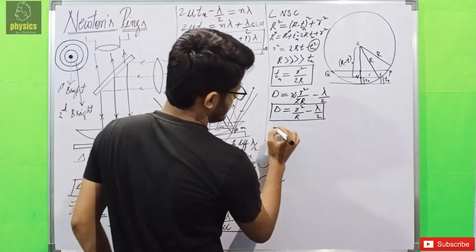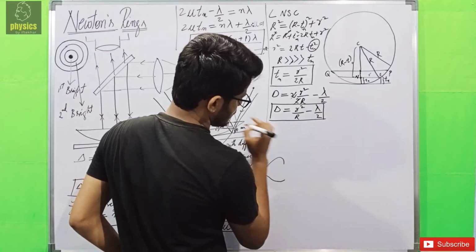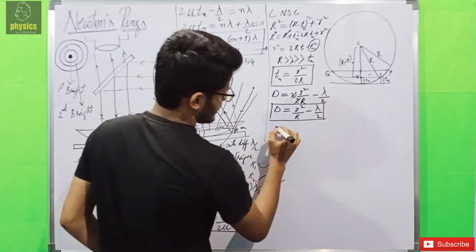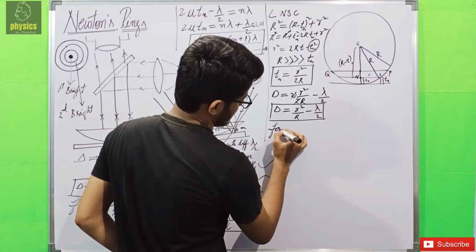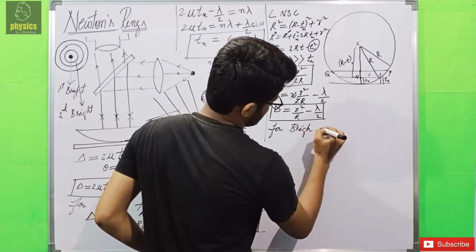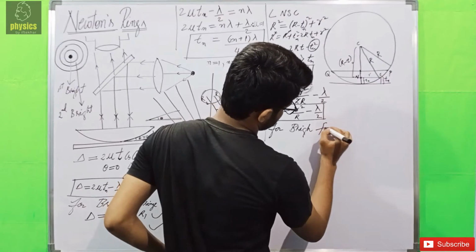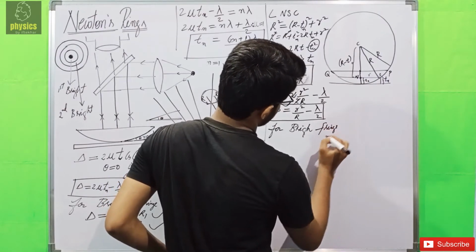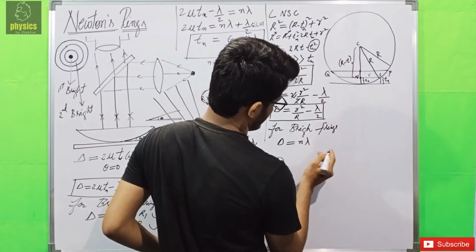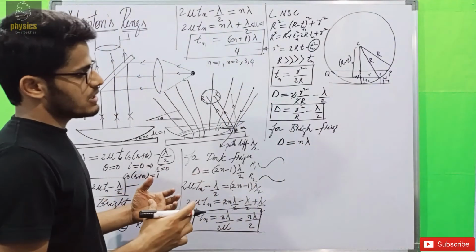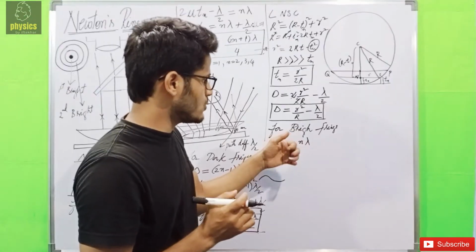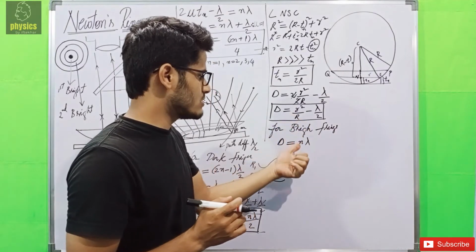So to find out the diameter of bright fringe, we have to take the path difference of the bright fringe. For the bright fringe, the path difference should be n lambda. If you want to find out at what particular diameter you will get a bright fringe, you have to equate this path difference with this.